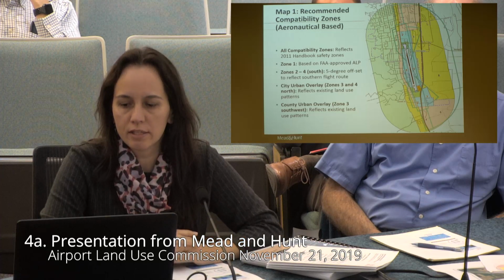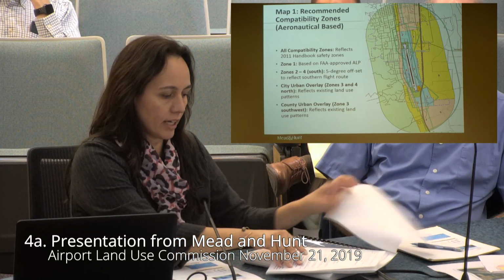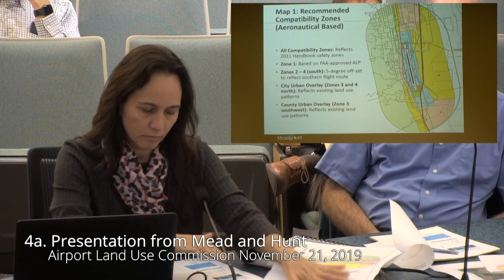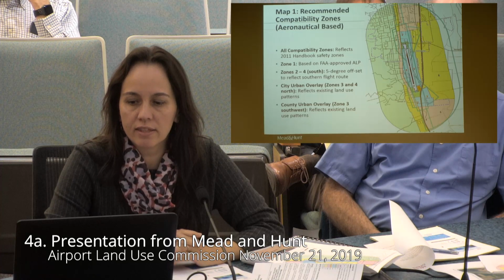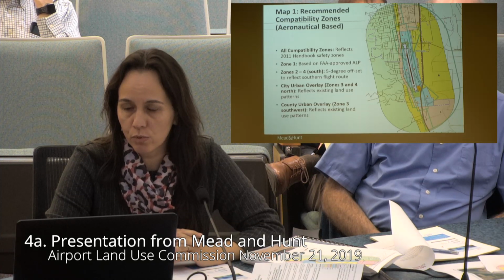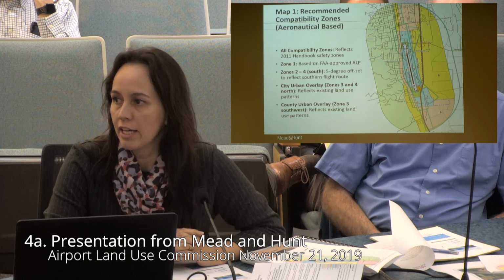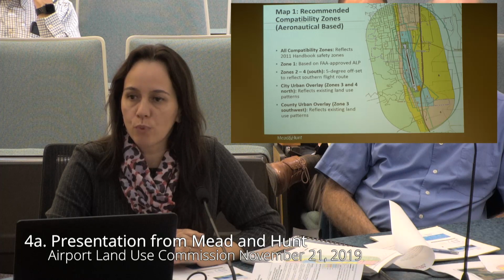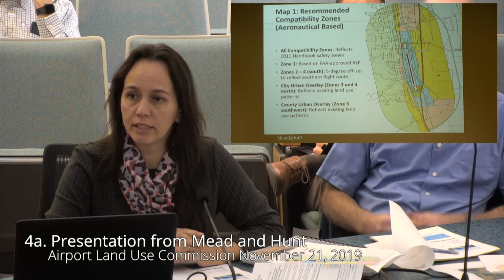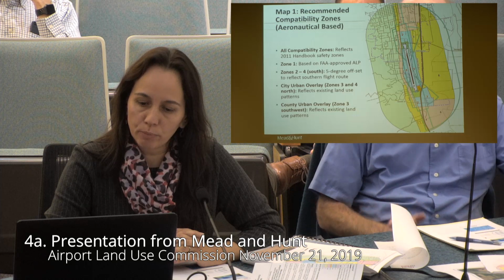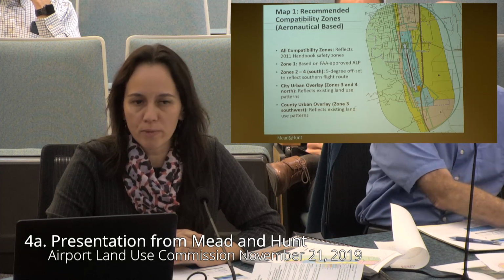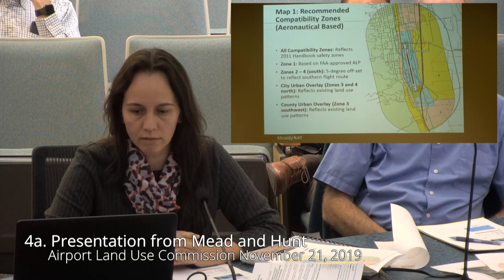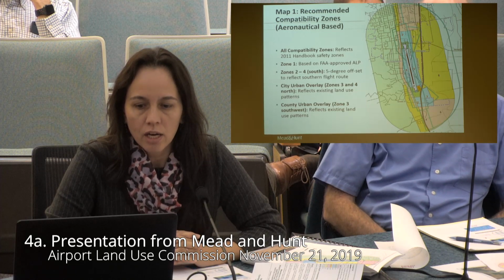The first one is map 1, again in your handout, and it has a zoomed in version for you. And this reflects the handbook safety zones, which have been adjusted to reflect the aircraft operations, the primary traffic patterns, the runway protection zones reflected in the airport layout plan, as well as information from the users of this airport and the airport manager.